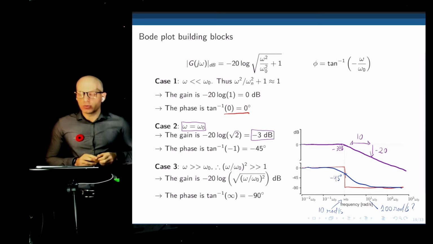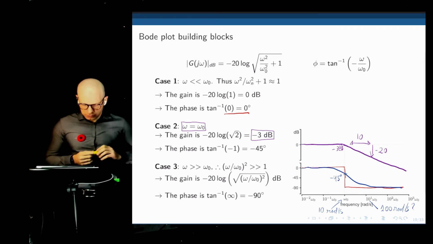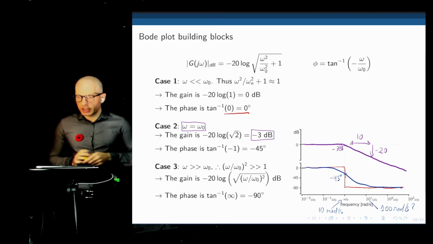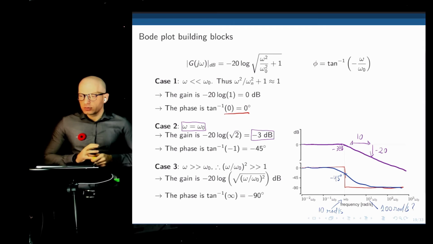So what is the magnitude at 100? It is negative 20. If you want to include the negative 3, then it would be negative 23.